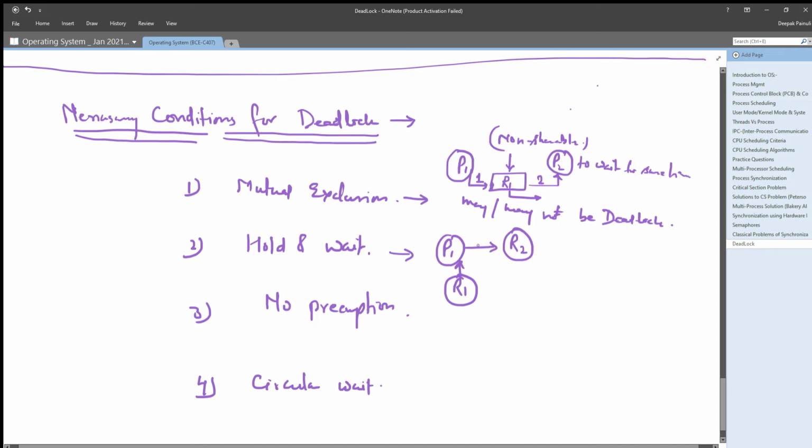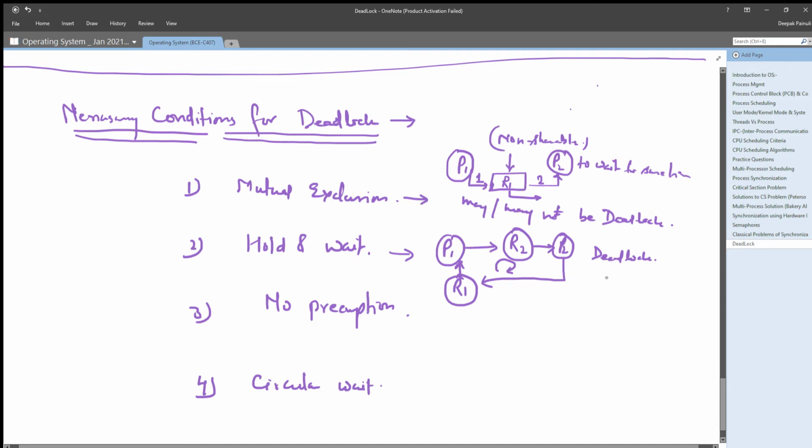How? Let us say P1 is holding R1 and it is waiting for R2, but R2 is already engaged by P2, and P2 is waiting for R1. Then this loop will create deadlock for sure. Until and unless one of them releases, that means this condition will be true for an indefinite time.